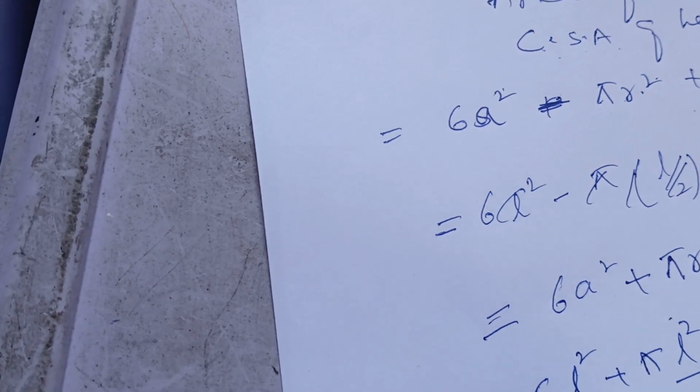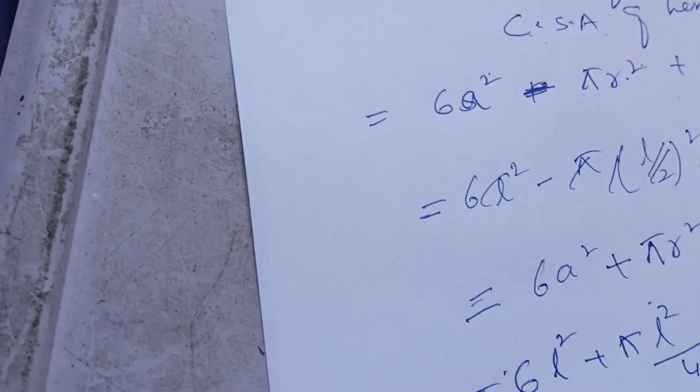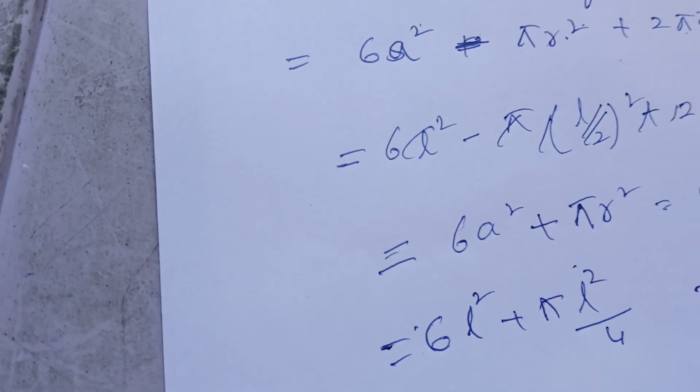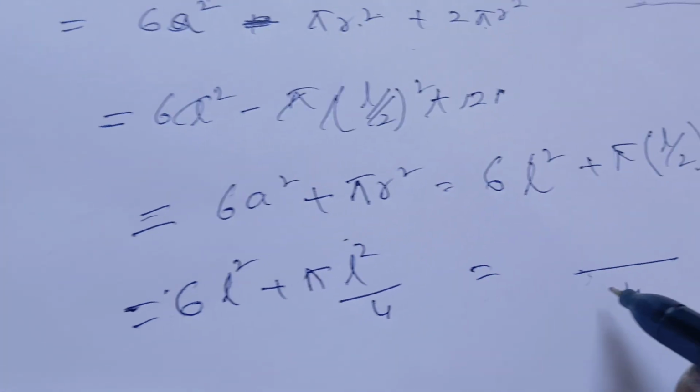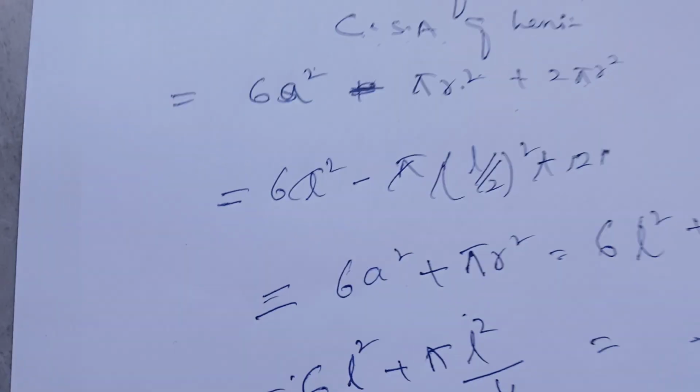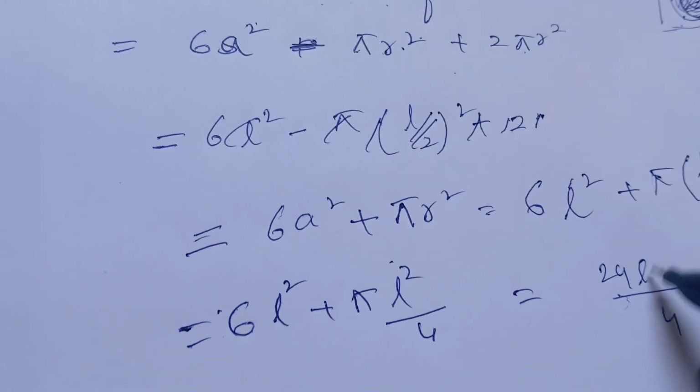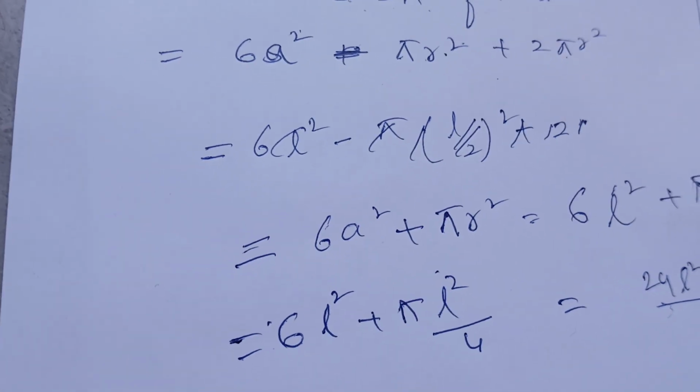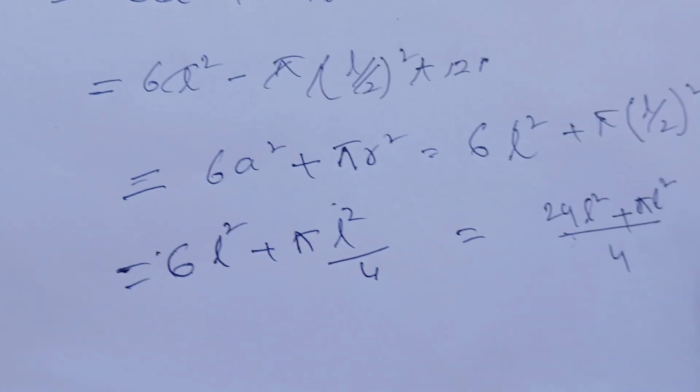If we take the LCM, 4 common, 4 sixes are 24 L square plus pi L square.